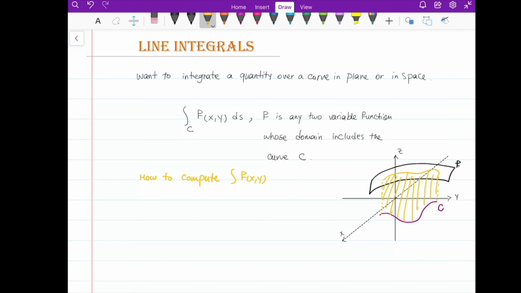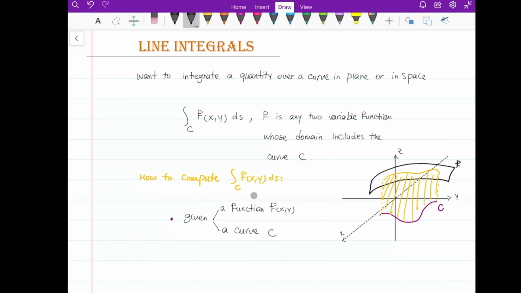We are just studying f of x and y over the curve C. Well, as before, we are given a function f of x and y, and we are given a curve C. We want to sum values of f along the curve C with respect to the arc length.